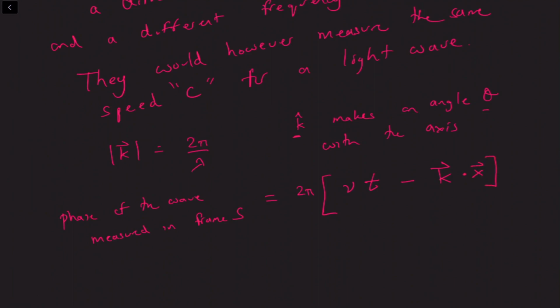Okay, where nu is the frequency measured in the frame S, t is the location of the space-time point at which you're trying to find the phase, as described again in frame S. K vector is the wave number vector, or the wave vector, again described in frame S, which has a magnitude which is related to the wavelength in frame S, and it makes an angle theta with respect to the x-axis, again as measured in the frame S. And x vector describes the position at which you're trying to describe the phase of this wave.